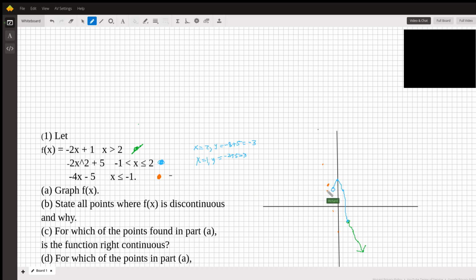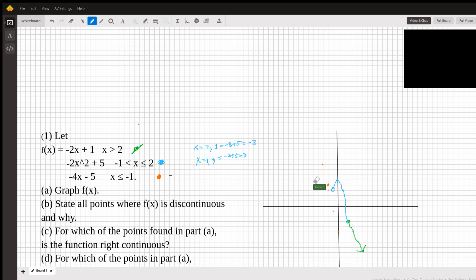Hold on a second. It's definitely -5, and then -1, -1, and then -2. 8 minus 5 is 3. So it's actually here. 1, 2, 3. Yeah, I'm sorry about that.